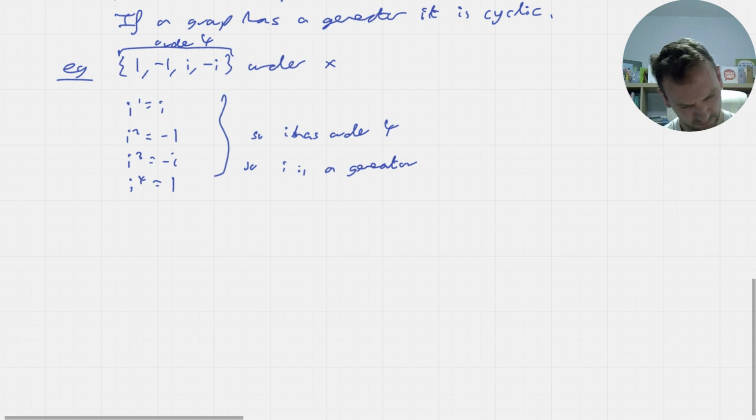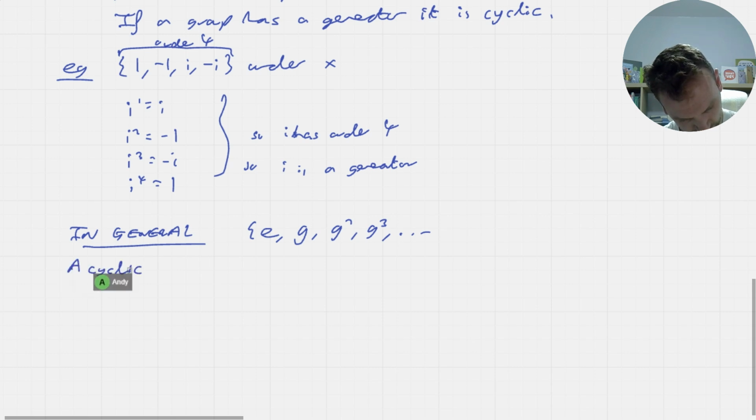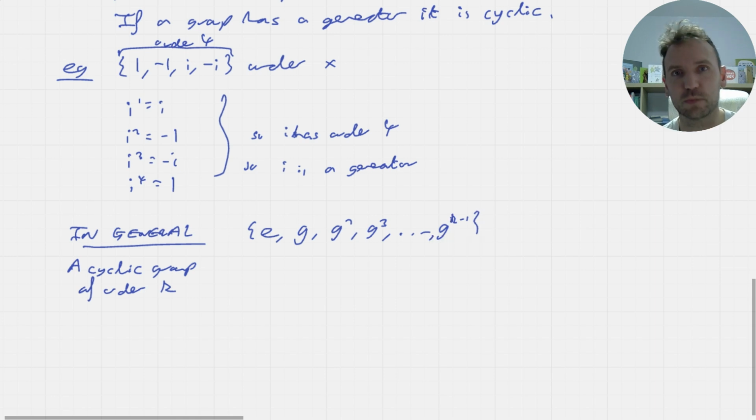So in general, what do we mean and how can we present a cyclic group? In a general case, any cyclic group of order k can be written in the form e, where e is the identity, and then a generator g, g squared, g cubed, all the way up to g to the power of k minus 1, and then g to the k would be equal to our identity.